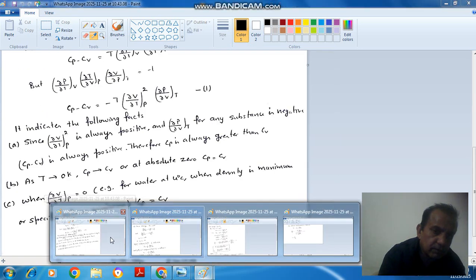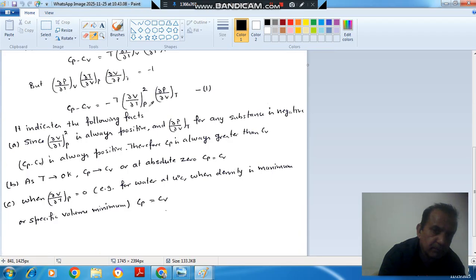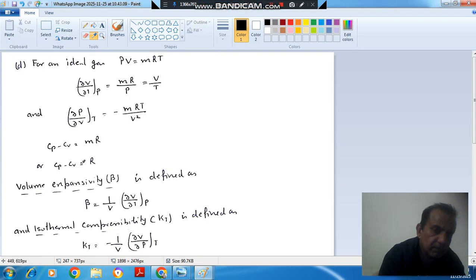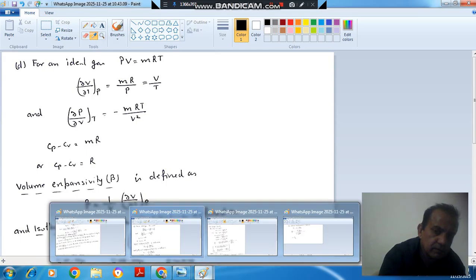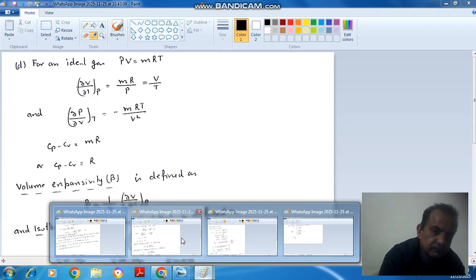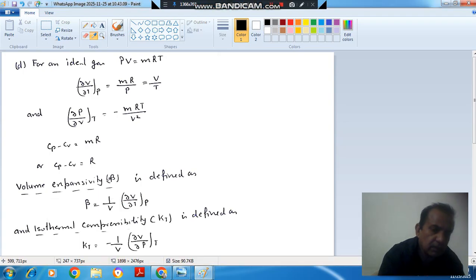If we put here (∂V/∂T) at constant P and (∂P/∂V) at constant T, then we'll get Cp minus Cv is equal to mR, or for 1 kg it is R. Here the square will cancel out, and T is there and T is also there, so T squared will also cancel out, so it will be mR only, or Cp minus Cv is R.